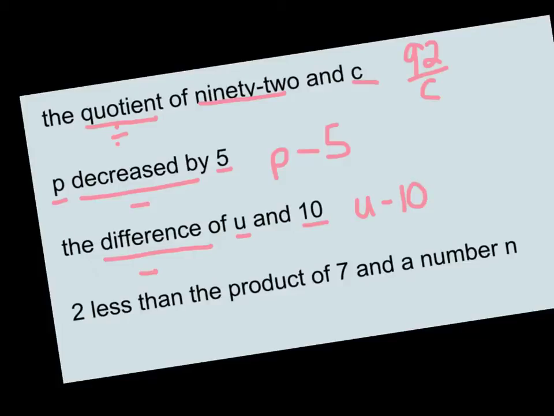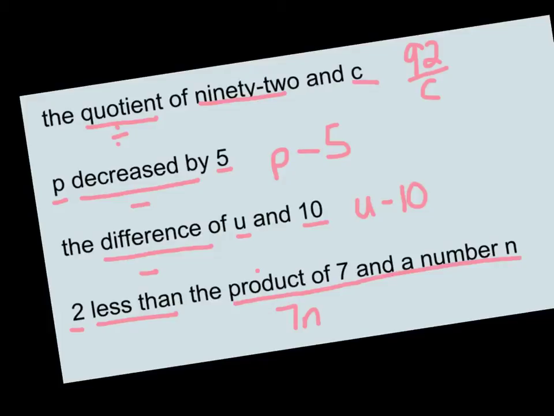And the last example on this slide, 2 less than the product of 7 and a number n. First, let's look at this last part of the sentence, the product of 7 and a number. Product means multiplication of 7 and that number n that we don't know. So that's 7 times n.